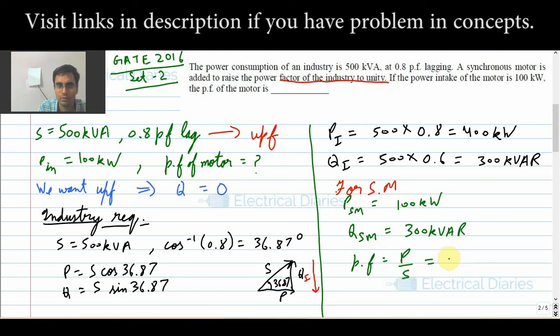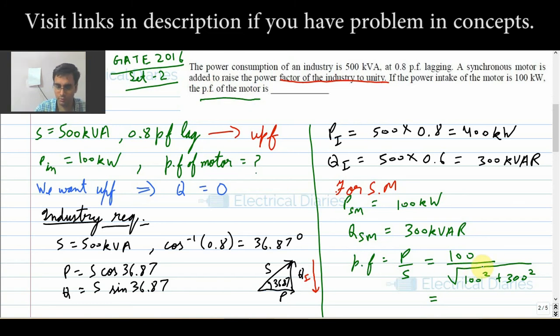So here P will be 100. S you can calculate using P square plus Q square, that is 100 square plus 300 square. I am taking P as 100 only because it is asked that we have to find the power factor of the motor, so I am taking only motor power requirements.